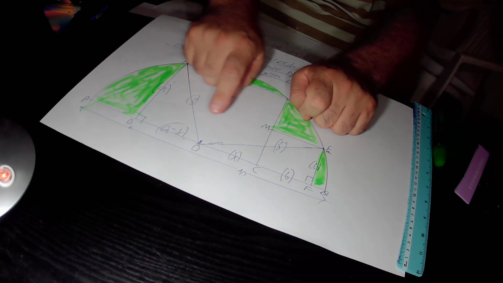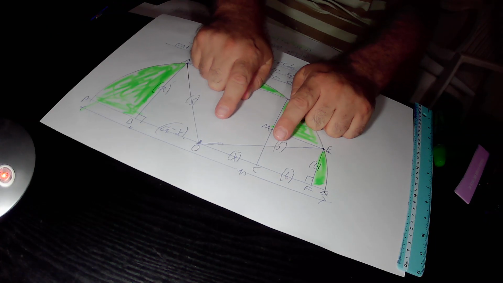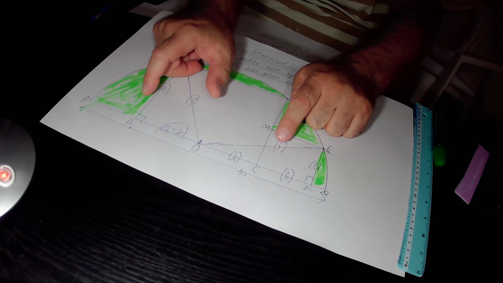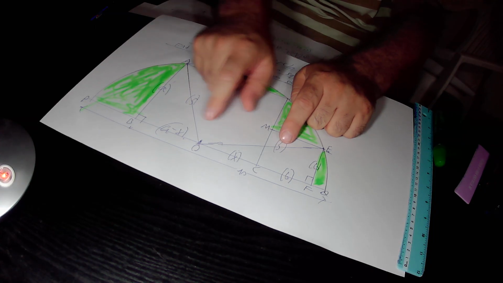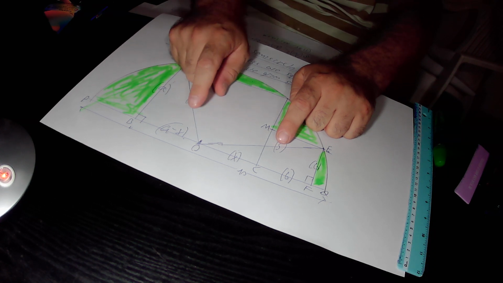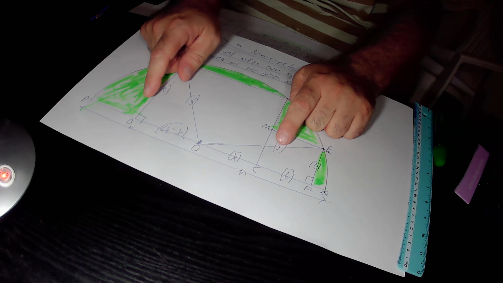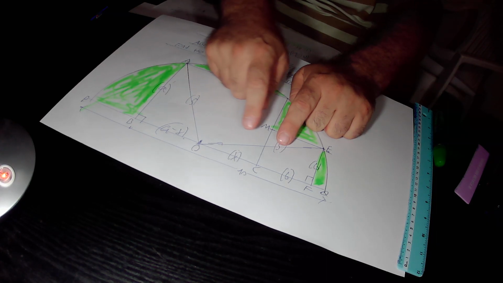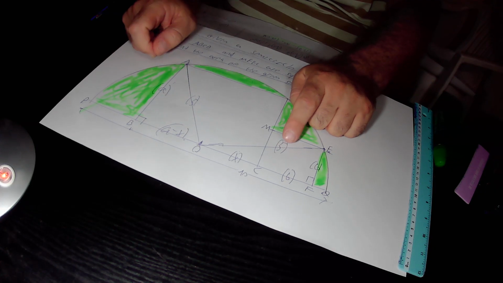So BC, that is a, minus OC, that is x, equals BO. So in total, BO equals a minus x.